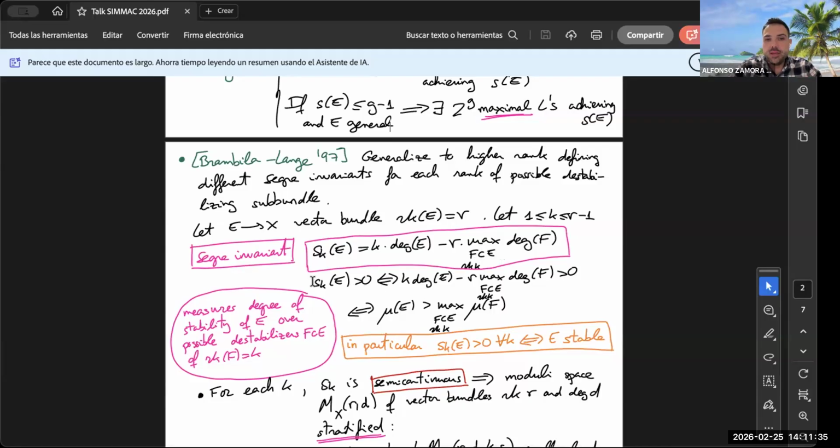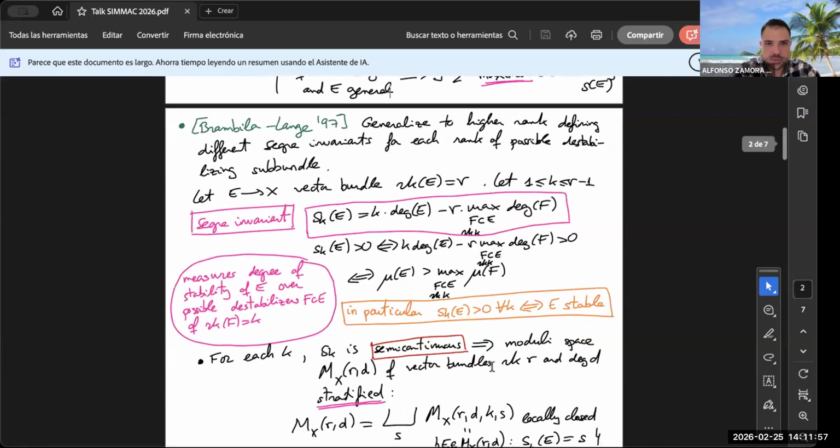If this function is positive, that means the vector bundle E cannot be destabilized by subbundles of that rank. And if all the functions for all different k are positive, that is equivalent to stability. So for a vector bundle to be stable, we need all these functions for the different k to be positive.